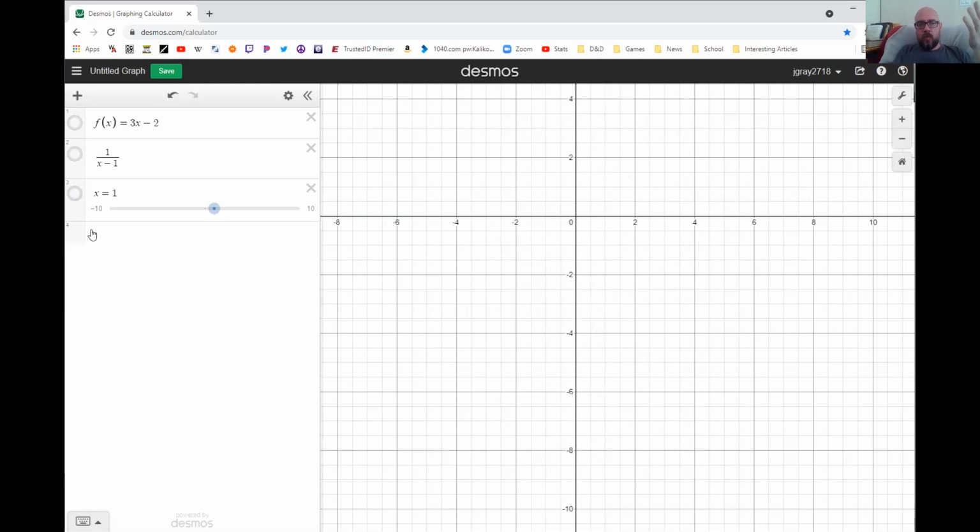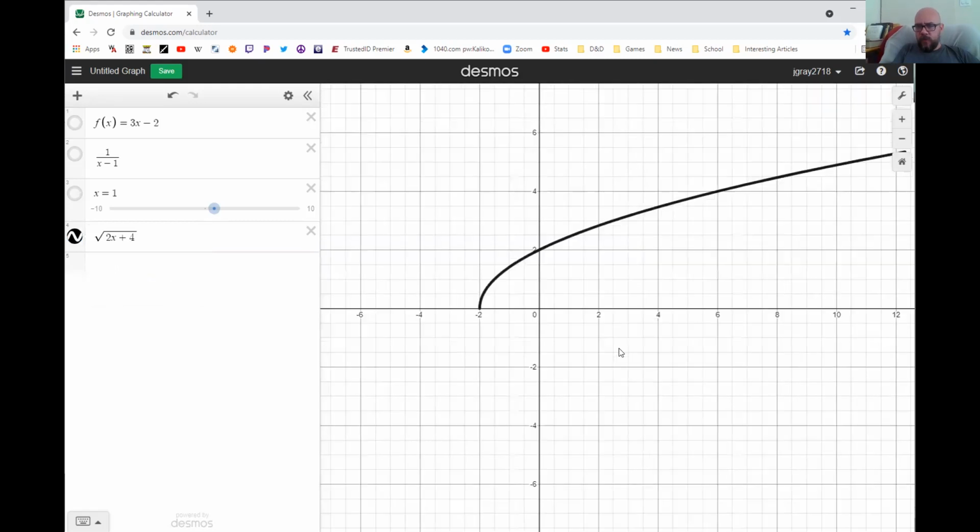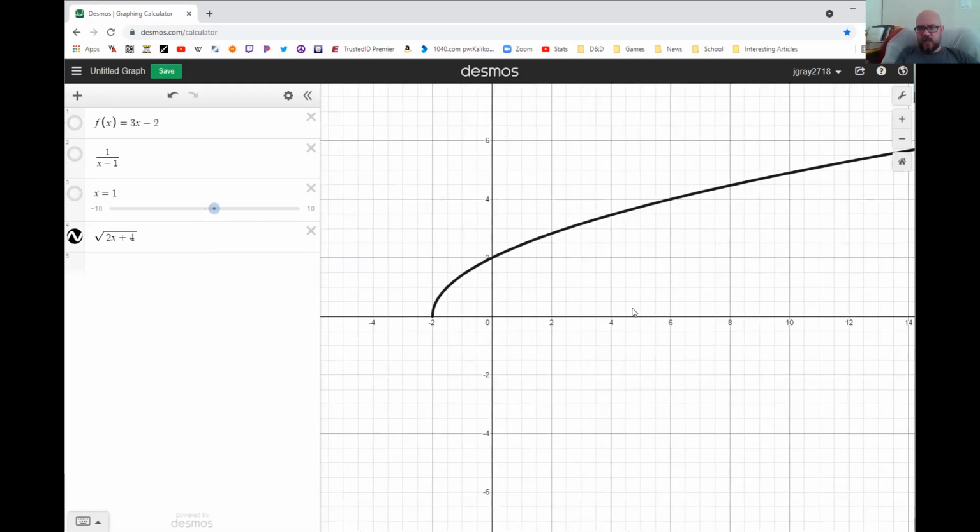All right. The other one I did was square root of 2x plus 4. Right. So we're going to do the same thing, make this a 5. And we can see that we said that x has to be greater than or equal to negative 2.